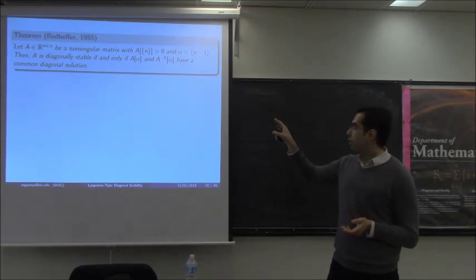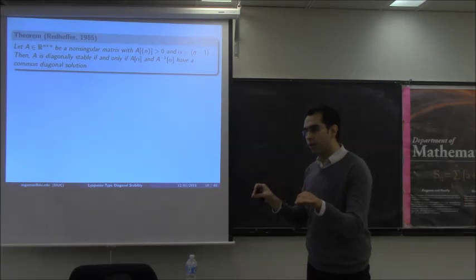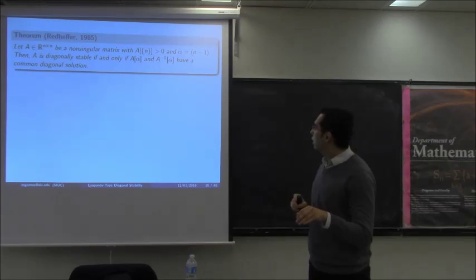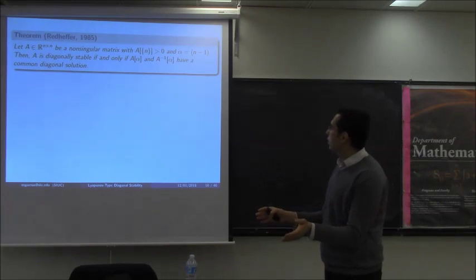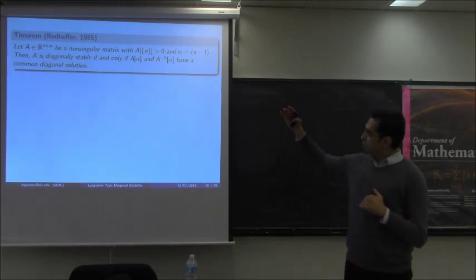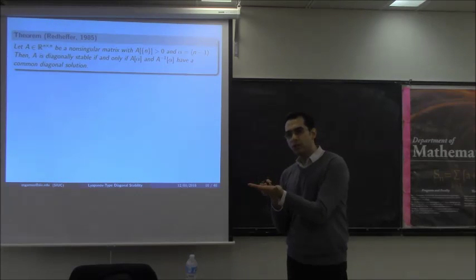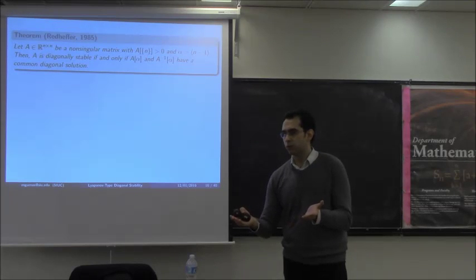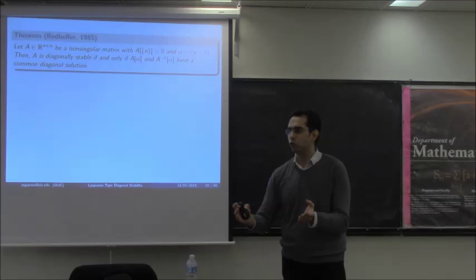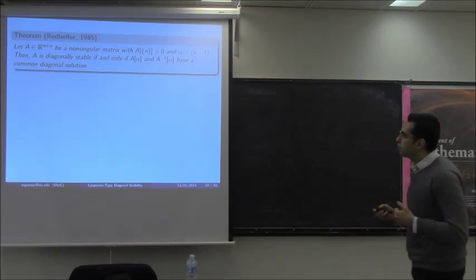A[alpha] is the principal submatrix with order n minus 1, and A inverse [alpha] is also a principal submatrix with the order n minus 1. So Redheffer's result actually describes a procedure for nth order matrices to determine diagonal stability. We look at an n minus 1 order simultaneous problem here because we need to determine a common diagonal solution of two matrices. But the order is reduced here to n minus 1.